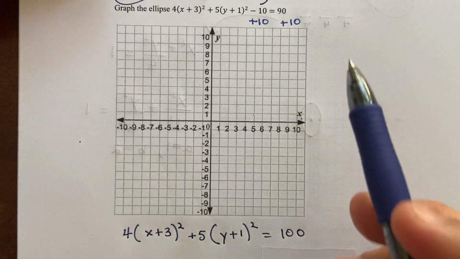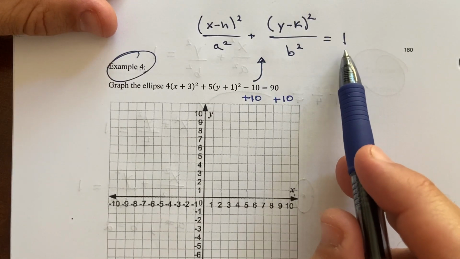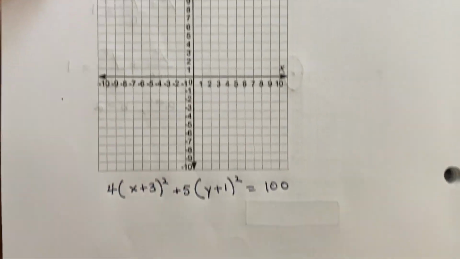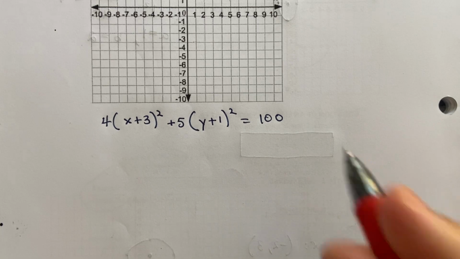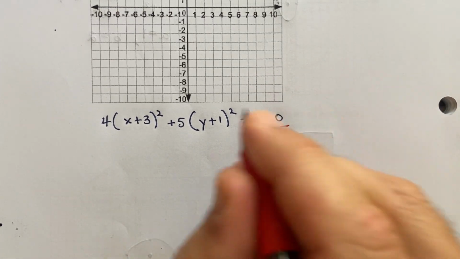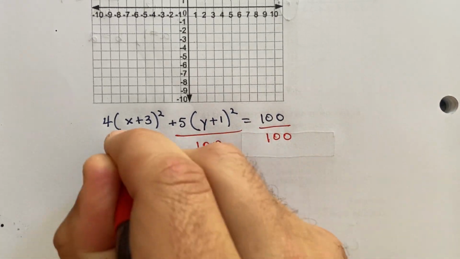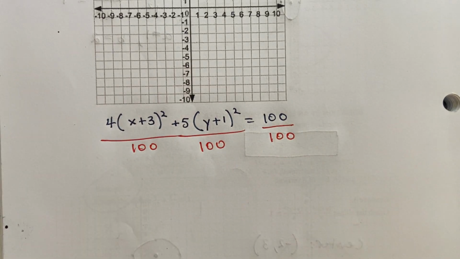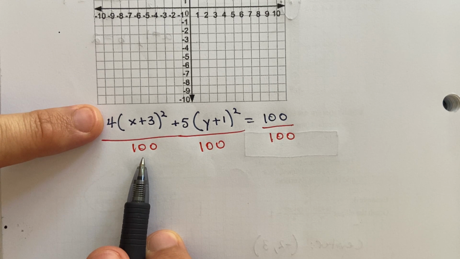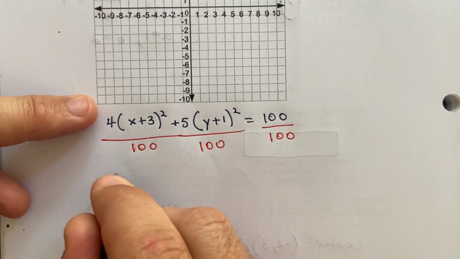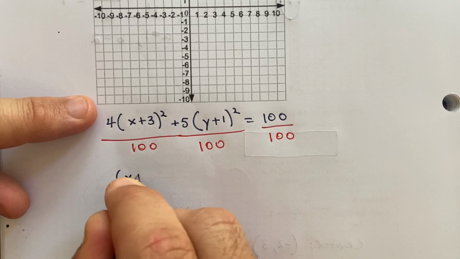And then again, I want to make this 1, so I'll divide each term by 100. 4 divided by 100 is 1/25, so that leaves a 25 on the bottom.